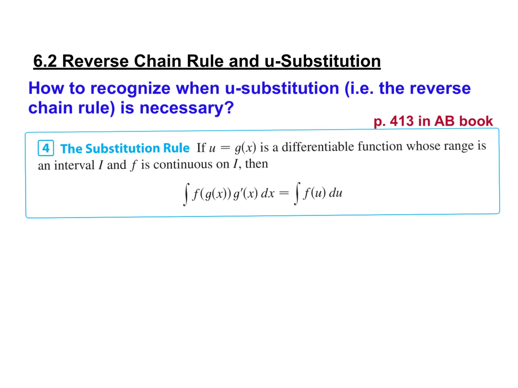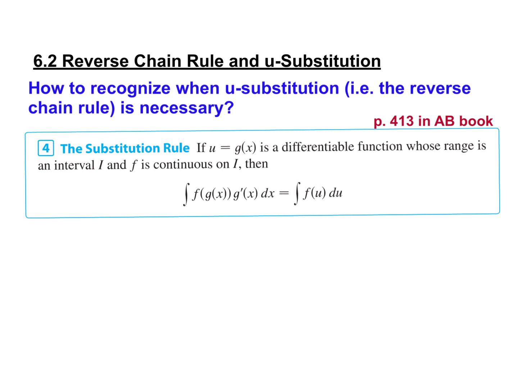The thing that's interesting about when you have to recognize the situation is there's usually some type of combination of a chain rule looking type problem, and then there's a derivative in there too, which seems counterintuitive because we're talking about integrals.